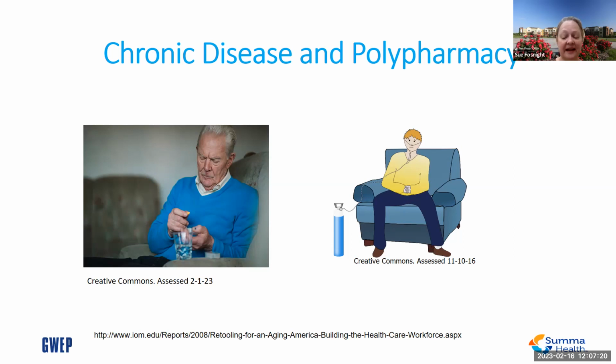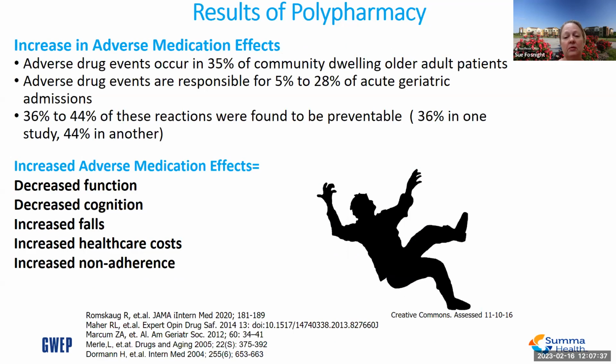I used to work in a clinic called the high intensity clinic, and we had quite a few younger patients, and it was surprising to me that applying these geriatric principles to younger patients with chronic disease had the same type of effects. Our results of polypharmacy, we have lots of things that happen as a result of polypharmacy.